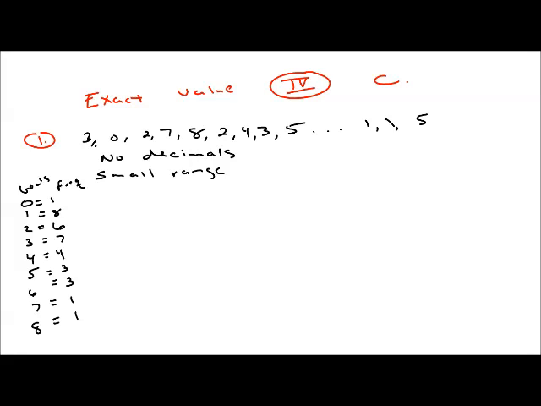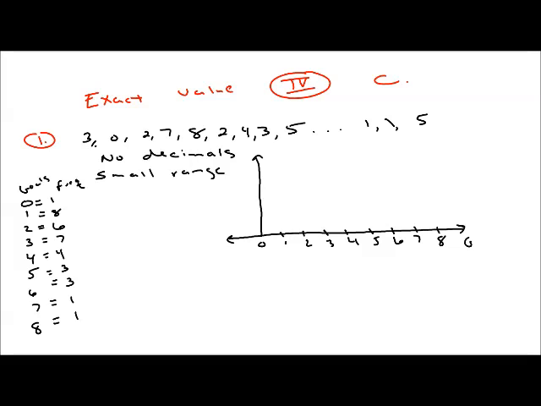Okay, there we go. I'm actually going to go a little bit to the left here, and I'll show you why in a moment. 0, 1, 2, 3, 4, 5, 6, 7, 8.